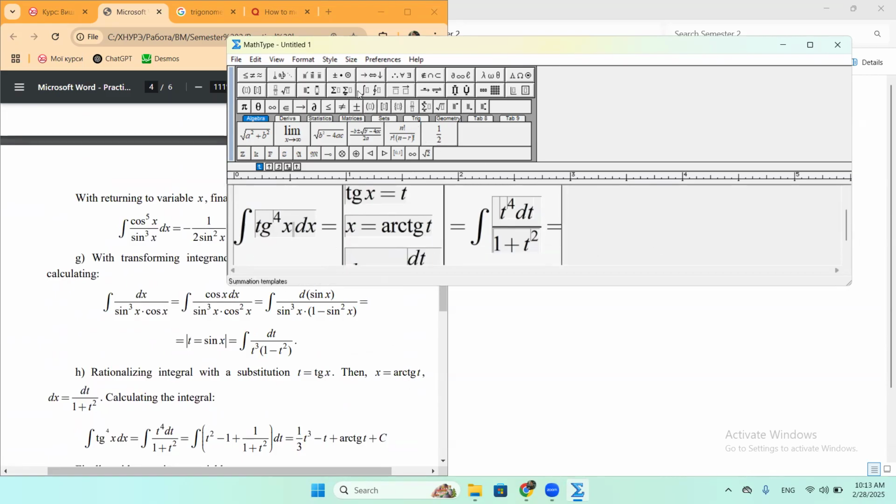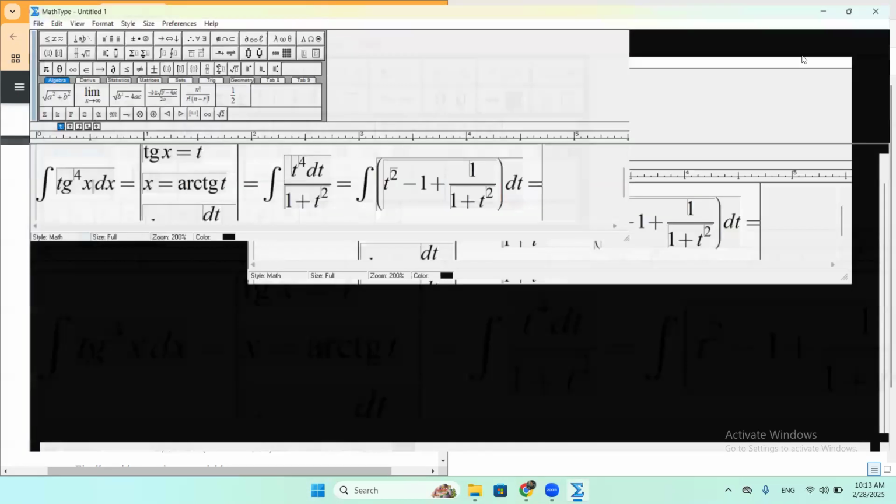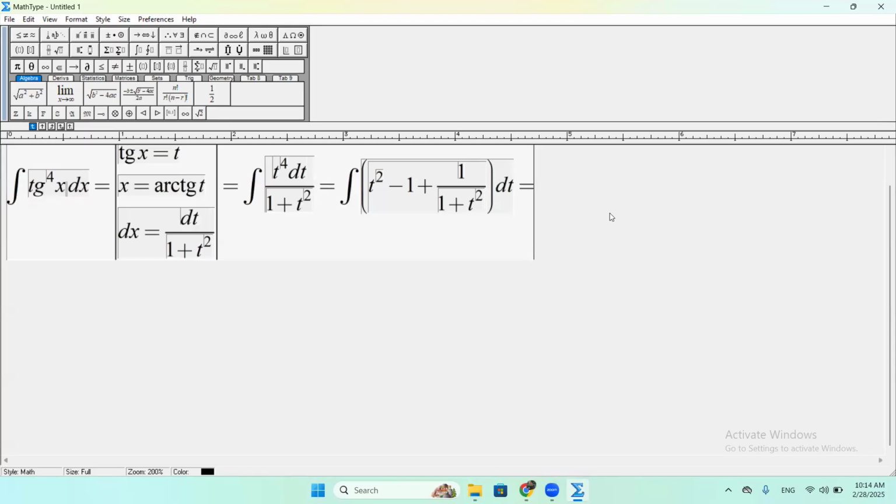So the integral will look like this: t square minus 1 plus 1 by 1 plus t square dt. So now we can easily integrate it. It's a table integral.